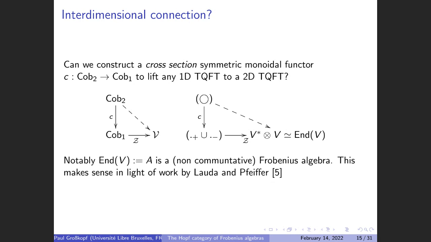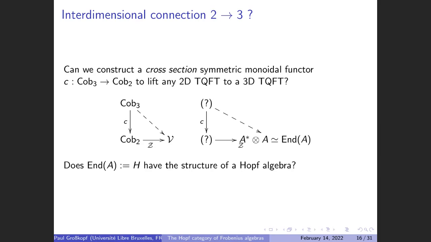So by this lower dimensional observation, we were speculating if something like that also happens in higher dimensions. So if I just go 1 dimension higher and I look at the 3-dimensional cobordisms, 2-dimensional cobordisms, is there a way of cross-cutting a cobordism so that I can generate 3-dimensional TQFTs just by looking at 2-dimensional TQFTs that I already classified?